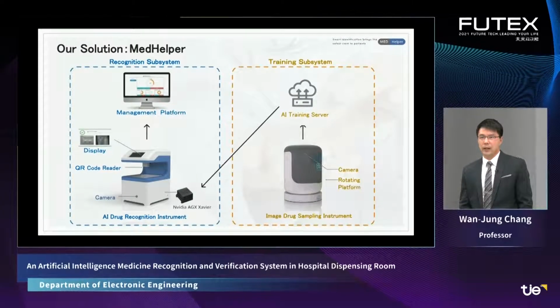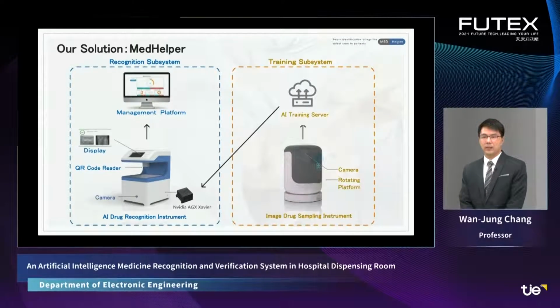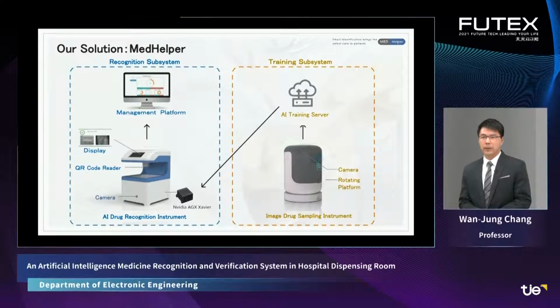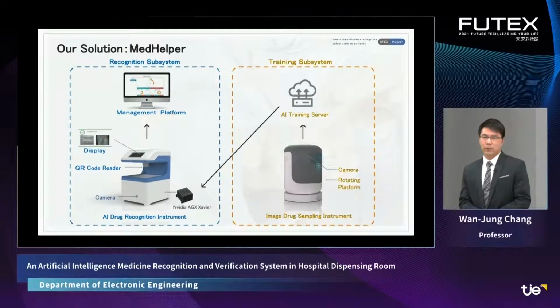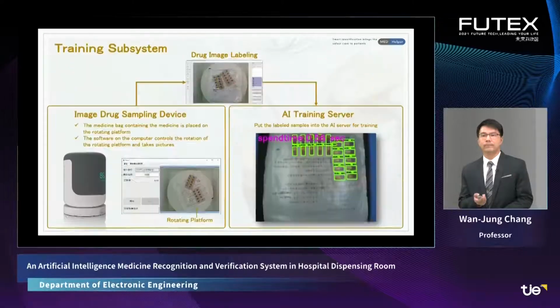It uses AI technologies to identify the medicines in the medicine bag. The training system is composed of a camera module, a rotating platform, and a network model. The goal of the training subsystem is to take the image samples of the drug.